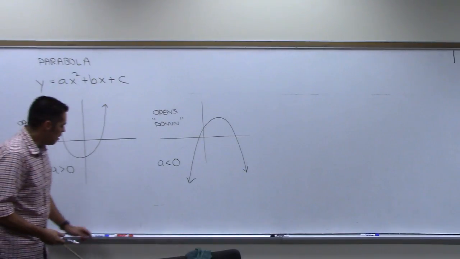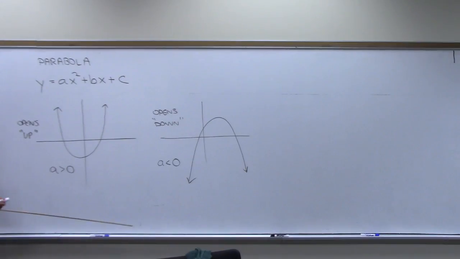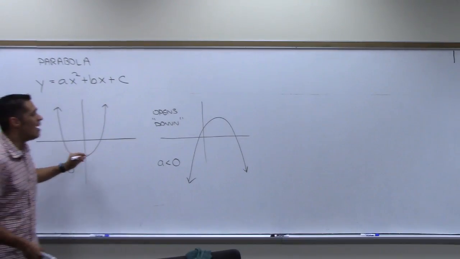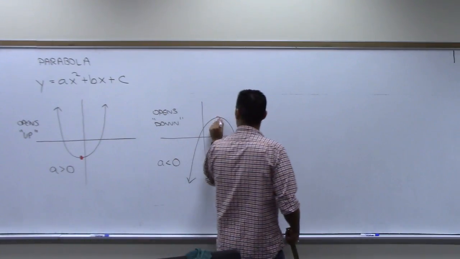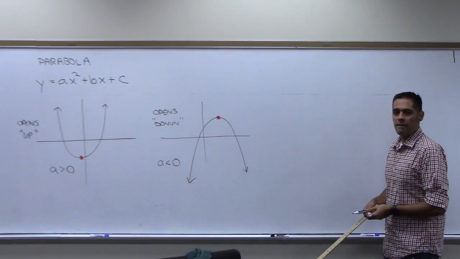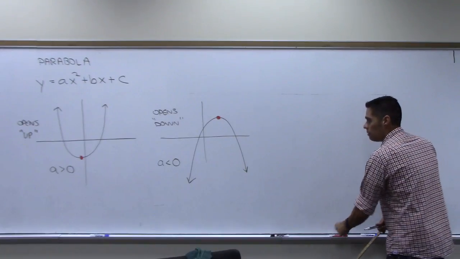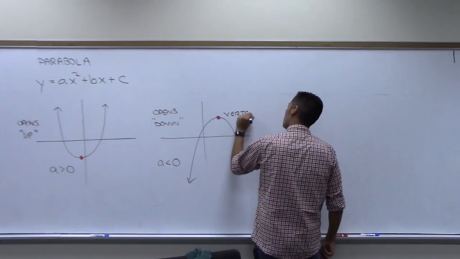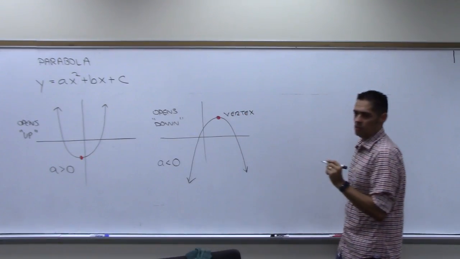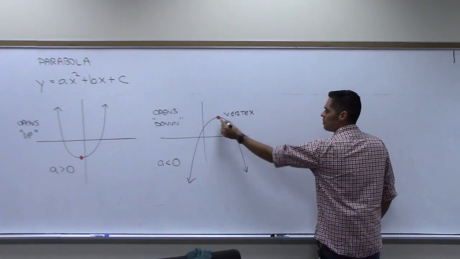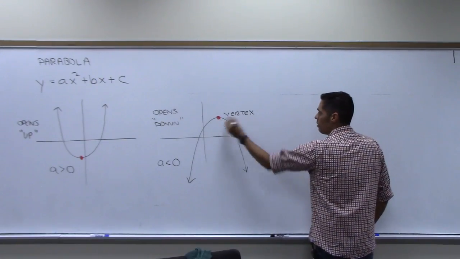All right, there's also on both of these graphs an extremely important point. It's the lowest point on this graph, and it's the highest point on this graph. You see it? That point is called the vertex. This point is so special that we give it a special representation. It's a point, so it has an x and y coordinate.